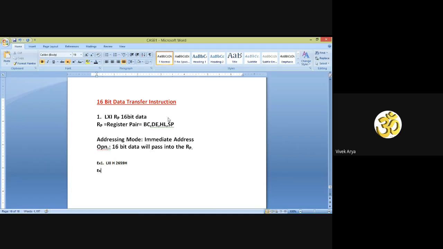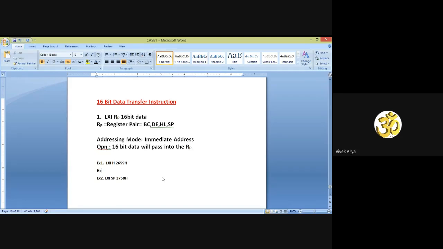Let's have a look at the second example: LXI SP, 2758H. This single H represents a register pair.